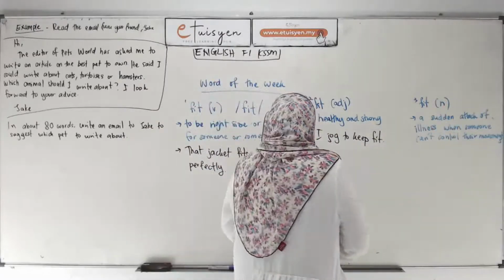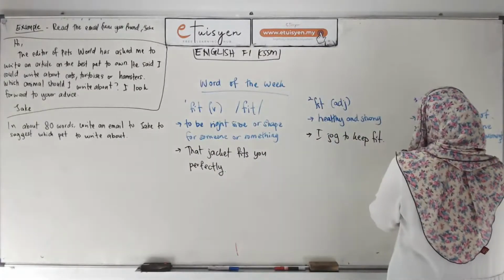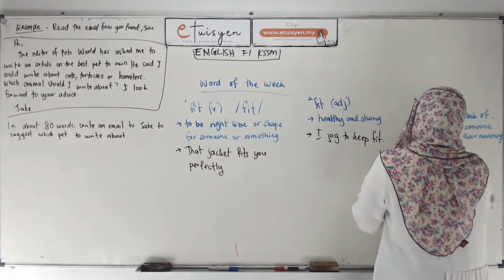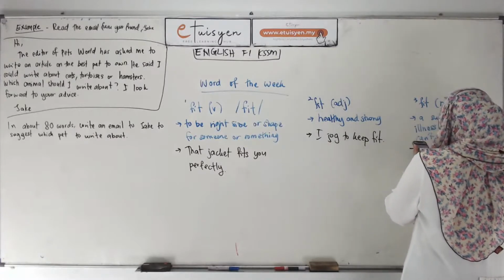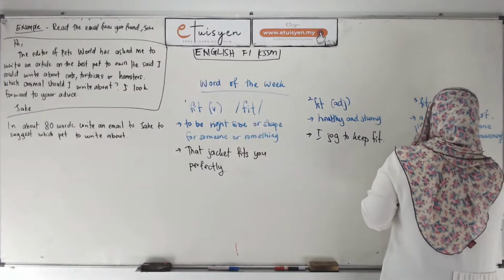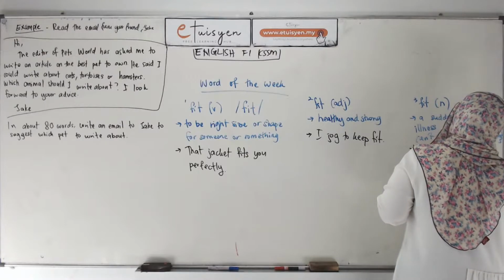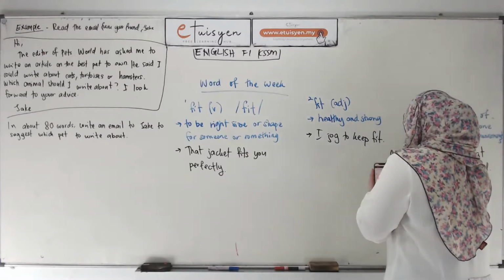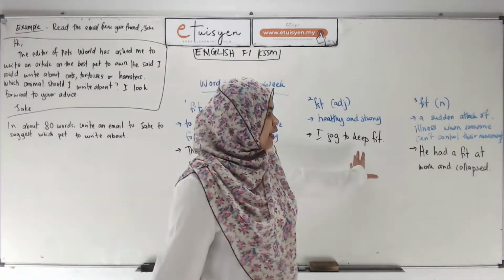Here, how do you use it in a sentence? He had a fit at work and collapsed. It means here, at work, during working hours, he had a fit.